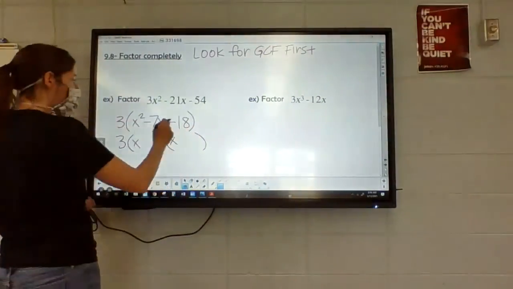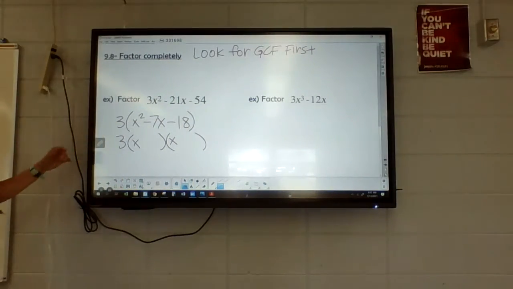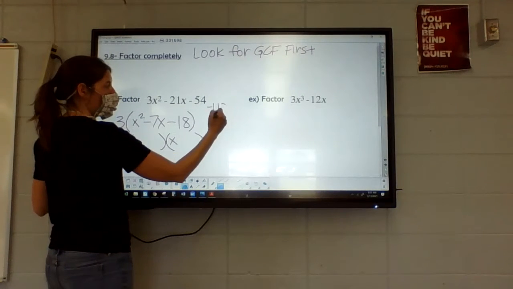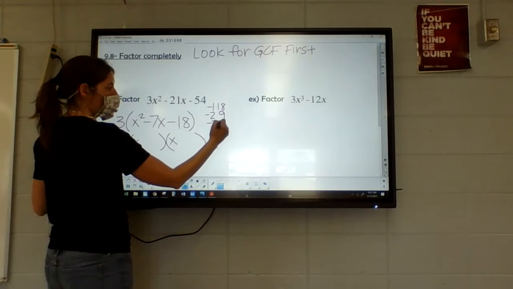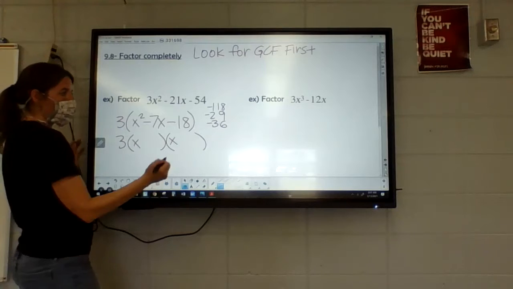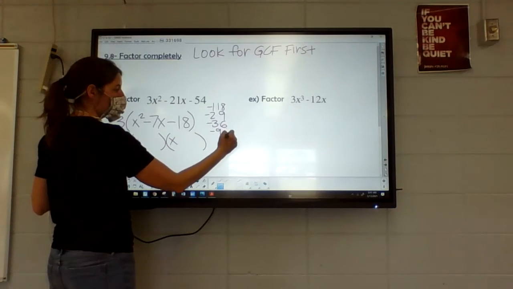So I want to multiply to negative 18, but add to negative 7. So the 2 and 9, but it needs to be a negative 9 and a positive 2.